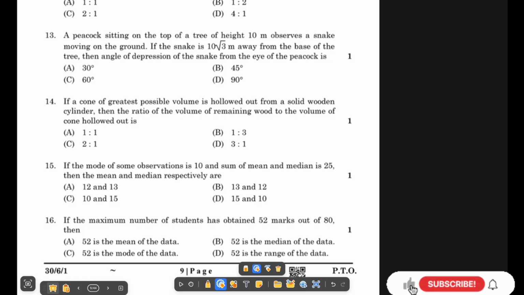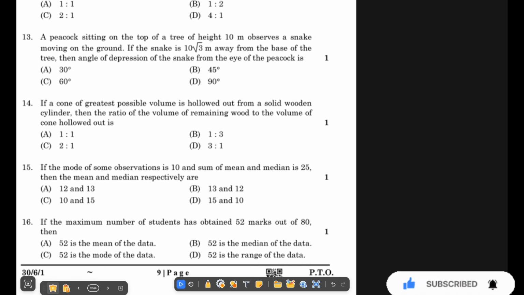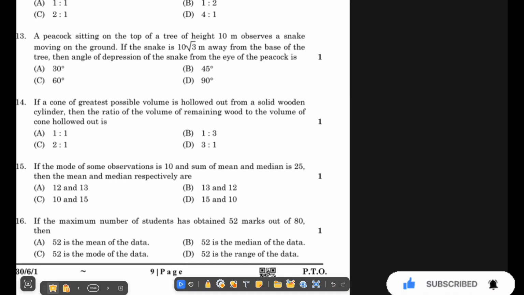So the cone is cut from the cylinder, right? The largest cone means the cylinder height and cone height should be the same, and the cylinder radius and cone radius must be the same.